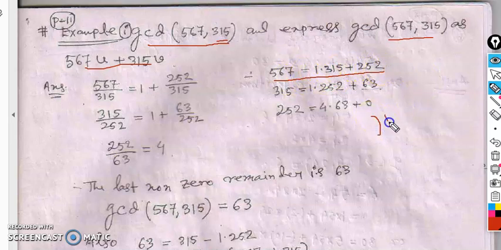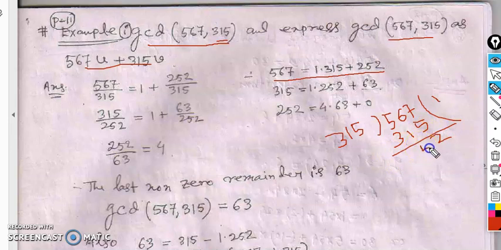Next, when you find the GCD in the normal form, as a student of class 7 or 8, we find the GCD in this particular manner. 567 is divided by 315, the quotient is 1, and the remainder is 252. The next step is to divide 315 by 252.